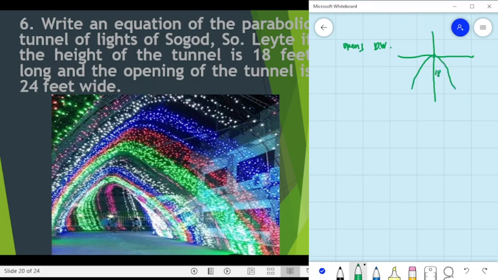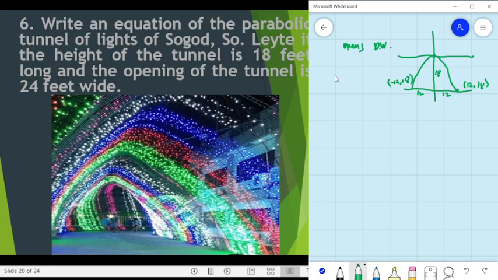And the width is 24, meaning 12 here. So the coordinates here are 12, 18, and the other one here is -12, 18. So please change it to negative. Correct. So -12, 18.